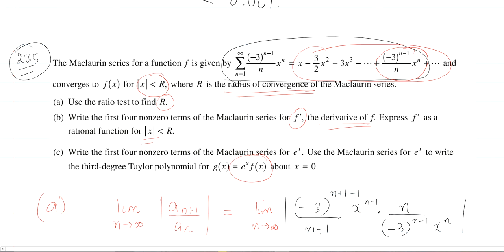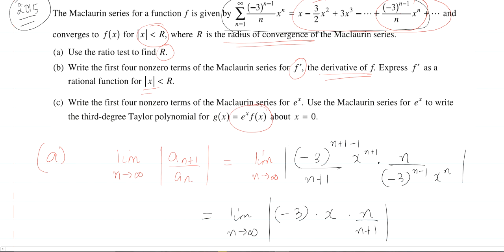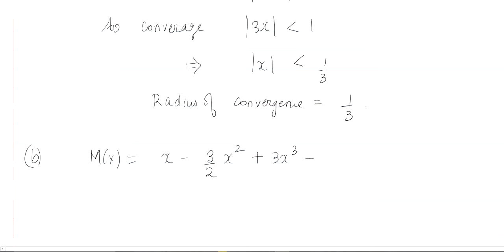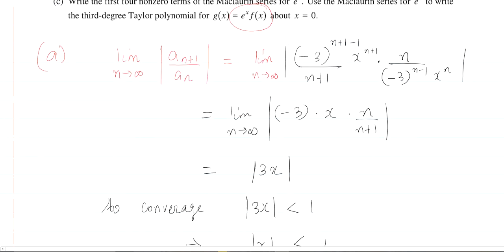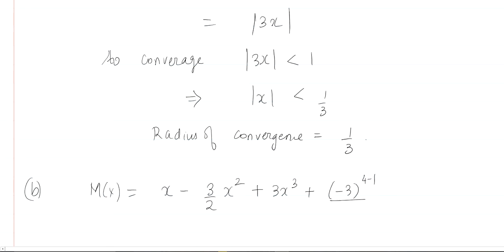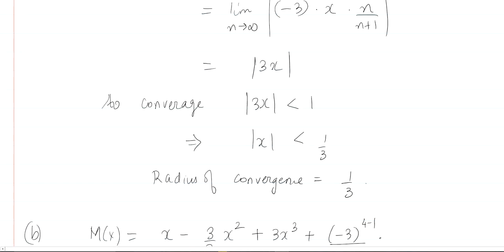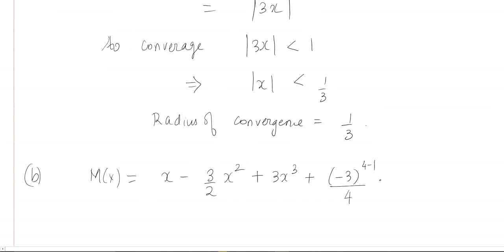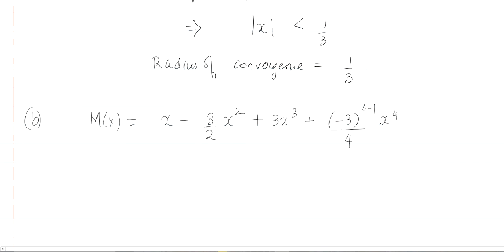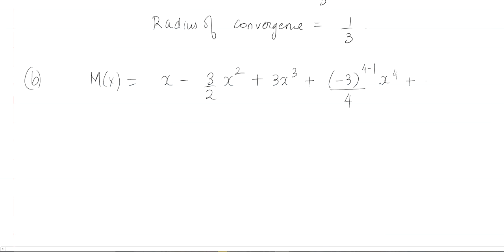So the fourth term is going to be plus minus 3 to the power 4 minus 1 over 4 times x to the 4. These are the first four terms of the series itself, and we can write another term just to see what this would look like: 5 minus 1 over 5 times x to the 5.